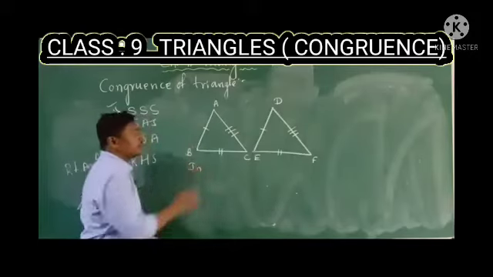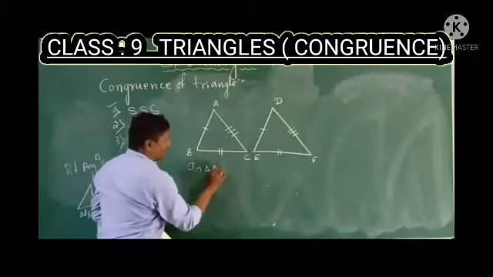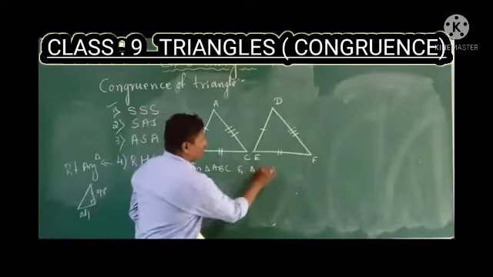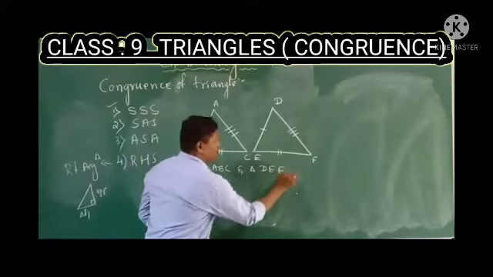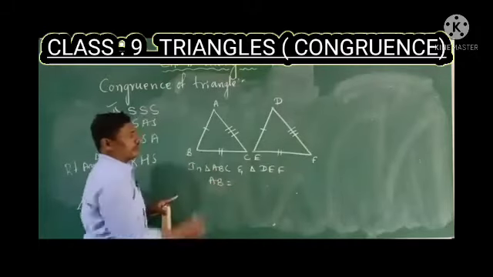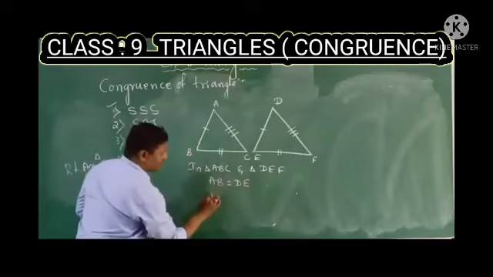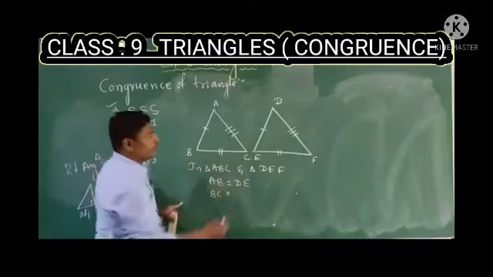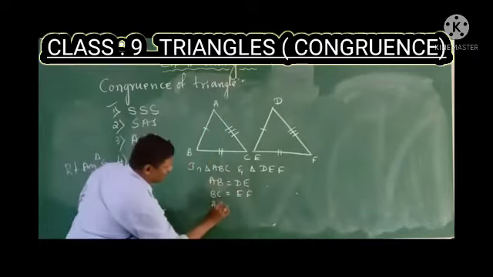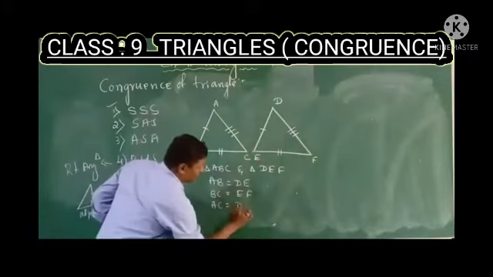Consider directly the given two triangles. What are the given two triangles here? The first triangle, triangle ABC, and triangle DEF. In that, AB is equal to DE. Second, BC is equal to EF. Third side of the triangle, AC is equal to the corresponding third side of the second triangle, DF.